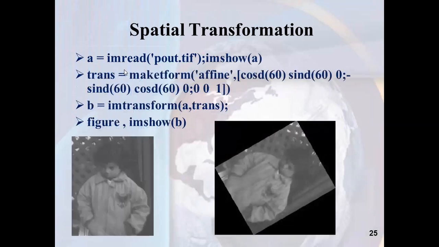Also, we can make an affine transformation using the rotation. Here, we rotate by 60 degrees using cosine, sine, then minus sine, cosine. Then we apply the image transformation to A with the operator trans, which is the matrix of transformation. So we define the operator or the matrix of transformation by using make transformation, and then we apply the image transformation function.